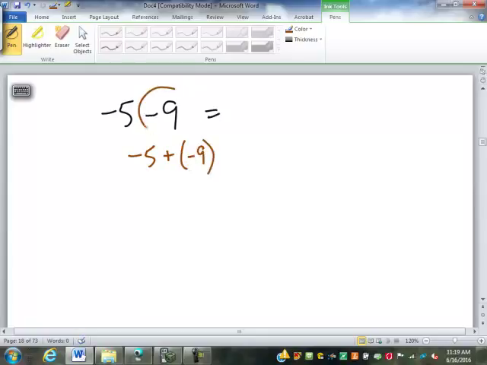We took what we're subtracting, and we add the opposite. So instead of subtracting a positive 9, we add a negative 9. So now the picture is negative 5, negative 9 goes the same direction, so this is going to be negative, and they're the same direction, so we add the absolute values to get 14. So negative 14 is correct.